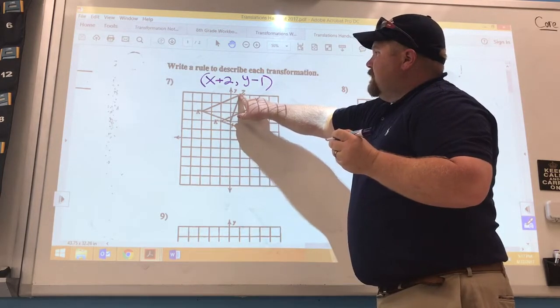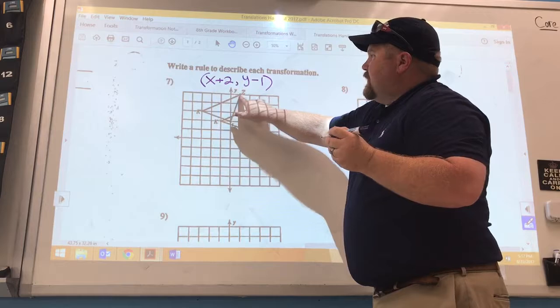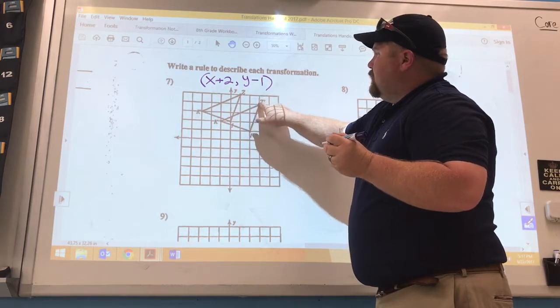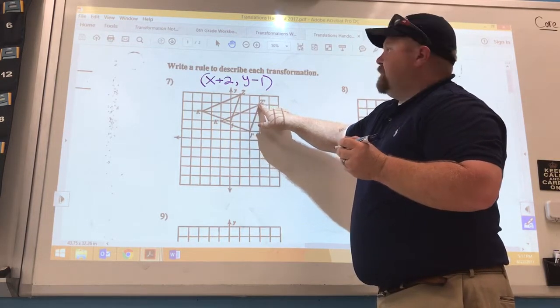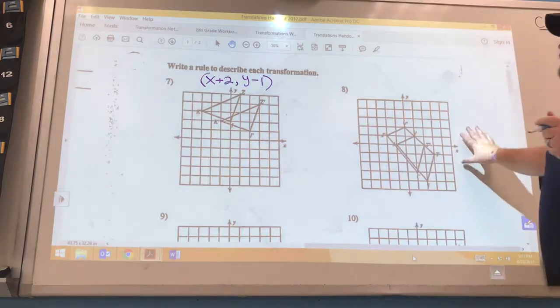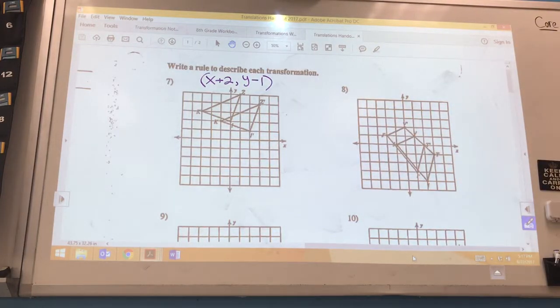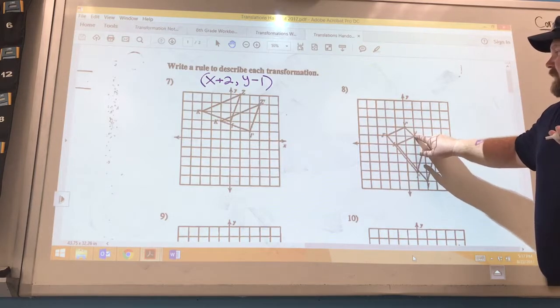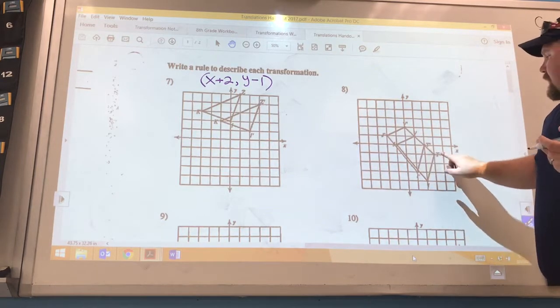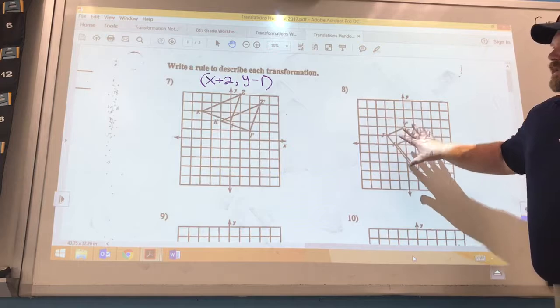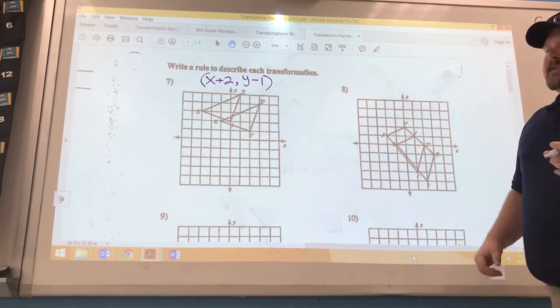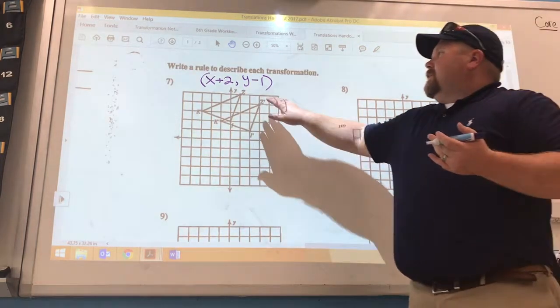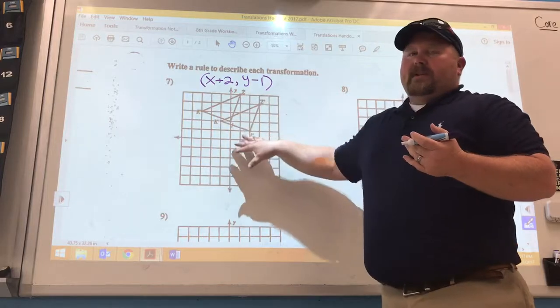So from the original, we see that we go right 2 places, 1, 2, and down 1 to get to Z prime. That's also how you'll work out problem number 8. You just need to match the alphabetical letters together. You'll use V and V prime, or you could use T and T prime. You only have to do it for 1 letter combination because the formula or the function is going to be the same for every point up there.